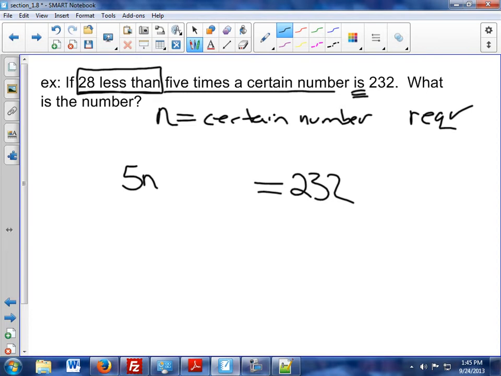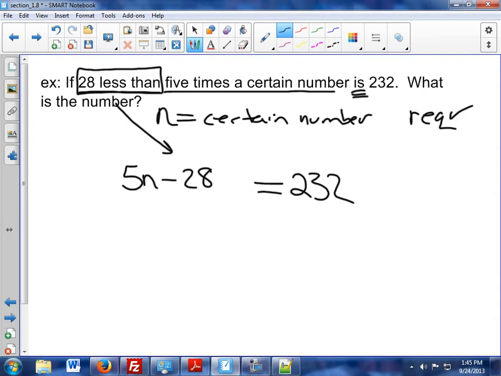Where do you think you would put the 28? On this side, right? Everyone says 28 less than. No. It goes here. Okay? If I wanted to put it over here, I would have said 28 subtracted from. Okay? Less than will always go on this side. That's the most common mistake. And that's why you should check your answers when you're done.